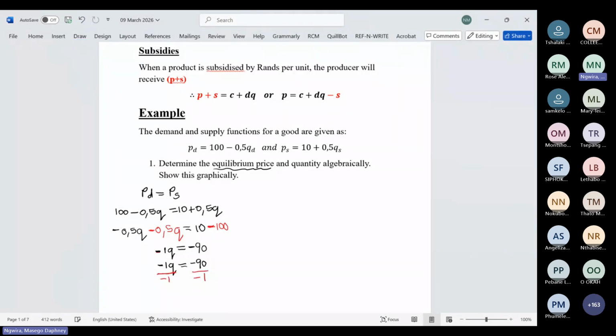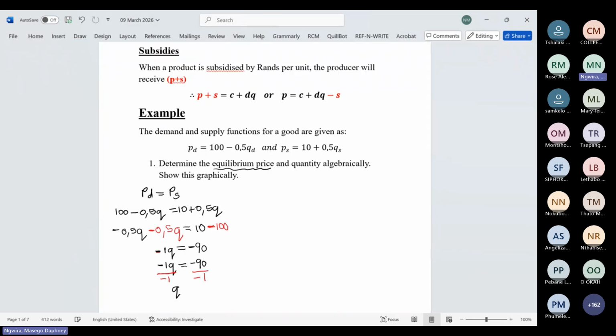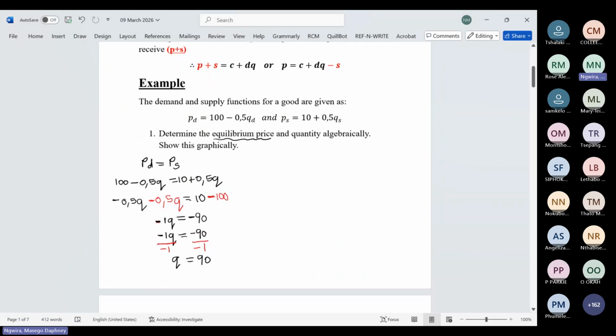Divide by negative 1. Can I ask a question? Yes, can I finish first, please? And then your Q is going to be equal to 90. Yes, you can ask. I can't see your screen. I've joined the class, but I can't see your screen.